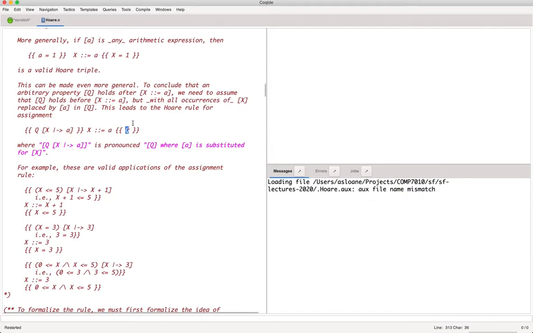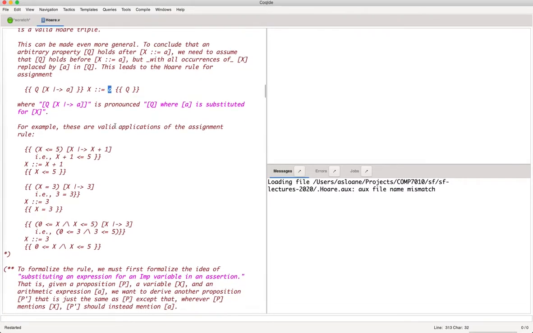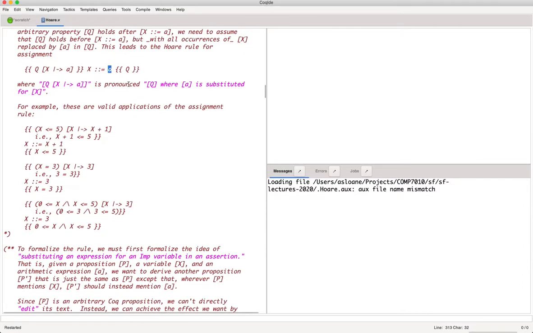So Q is going to talk about x, presumably. If you think about what needs to hold before, it has to be that same property has to hold for a, replacing every x. So you're sort of reasoning backwards here, and we'll talk about reasoning forwards a bit in a minute.